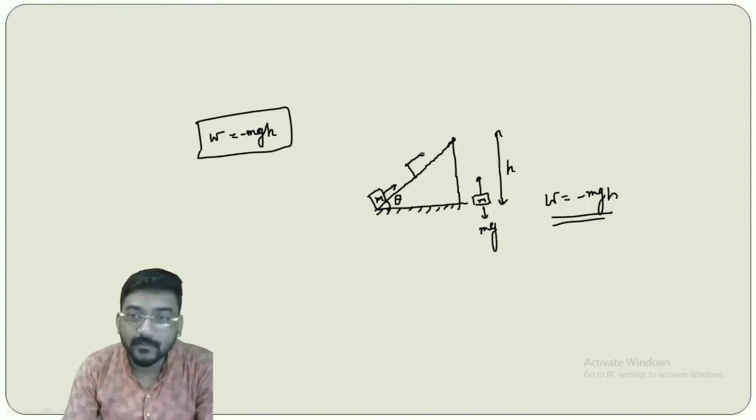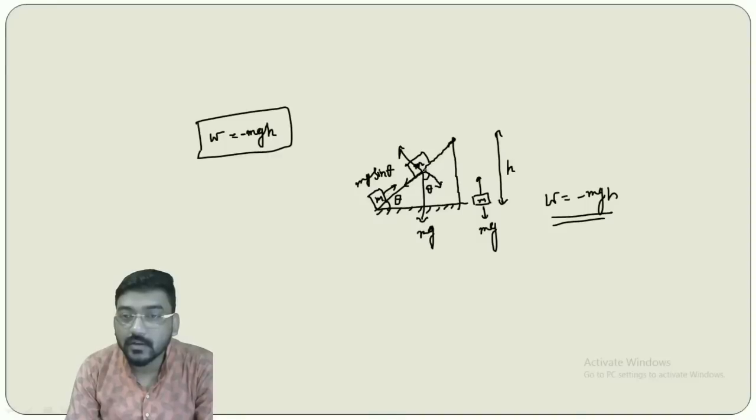Let me take it. So if this is mass m, this will be mg, and mg will have two components. One is perpendicular to this and another along this direction. So this angle will also be theta. So this will be mg cos theta and this will be mg sin theta. So the component along this direction will be mg sin theta.